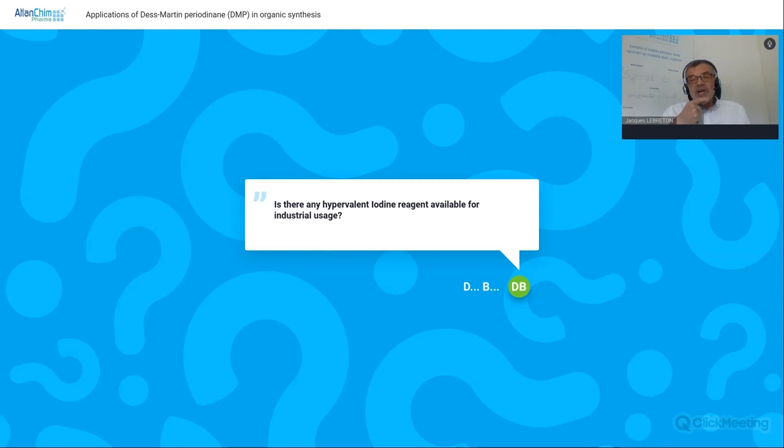To the best of my knowledge, I don't think so, because hypervalent iodine reagents are not very stable, of course. But I know a special case, a product developed by a French company, Simafex, from the Gerbeck group.